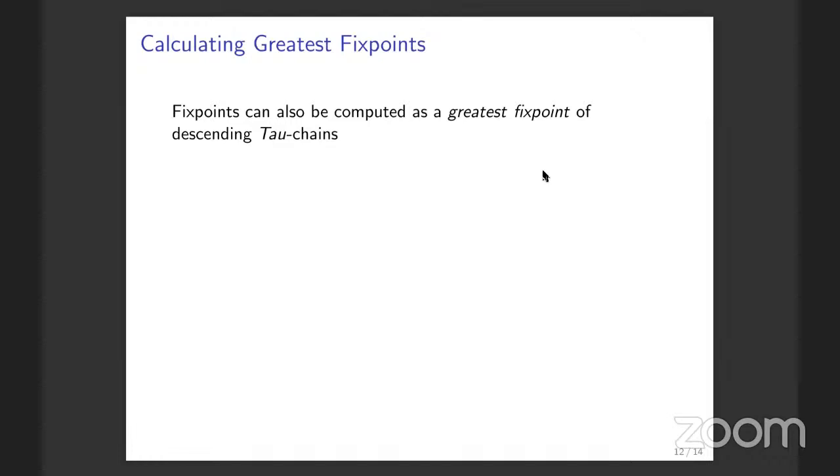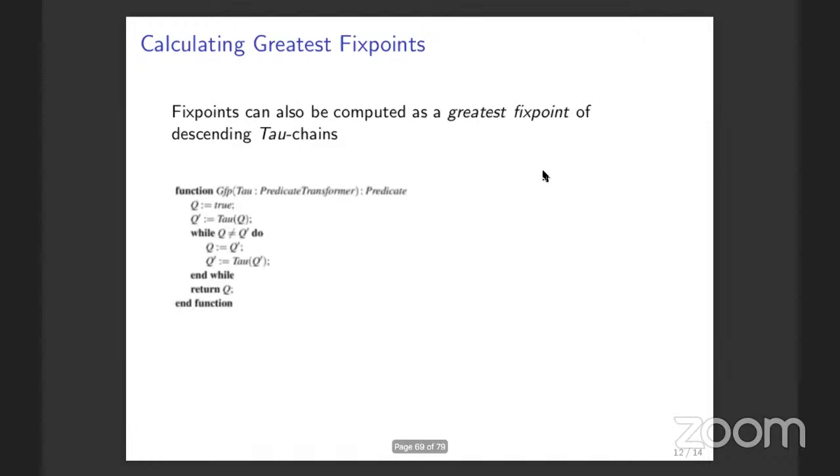Okay, so the greatest fixed point that you reach of that descending chain can also be another way of computing, and it is sometimes convenient, especially when you have EG, AG kind of things. It is convenient to visualize them as limits of the greatest fixed points of descending tau chains.